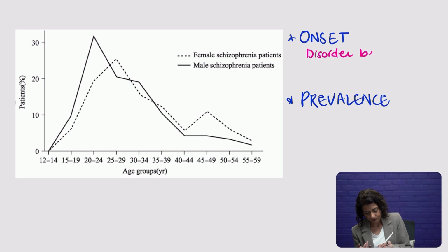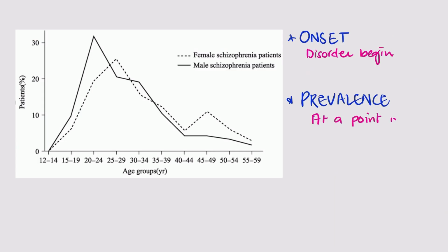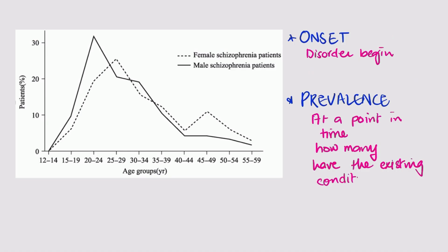And prevalence means at a given point in time, how many people have the existing condition, meaning that it is not a new case that has just been diagnosed, it already exists within that population.